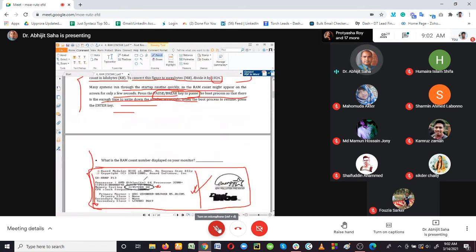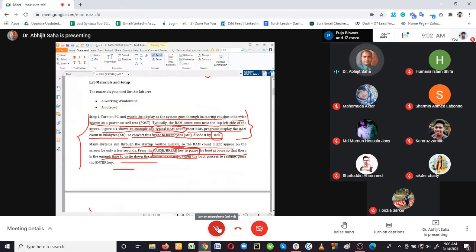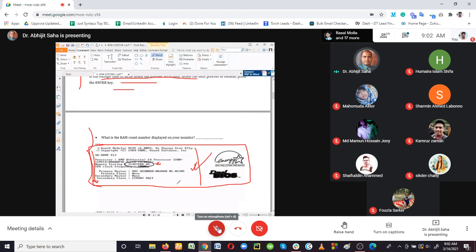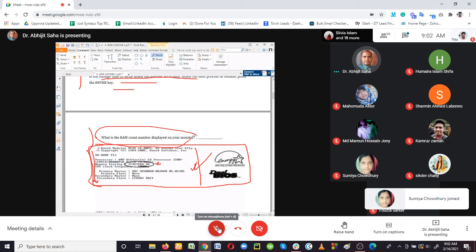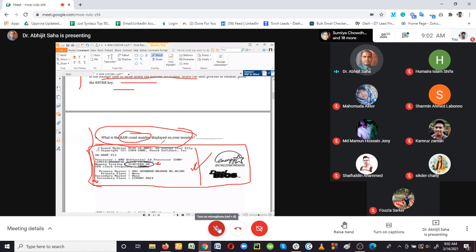When the screen was coming, we could press the escape button or break or space button, and the screen would stay there until we pressed the space button again. This was the way to find out the size of the RAM in the computer system. We could check it from the screen. That was one of the ways.